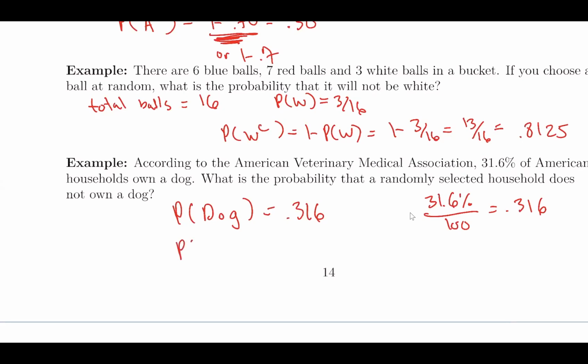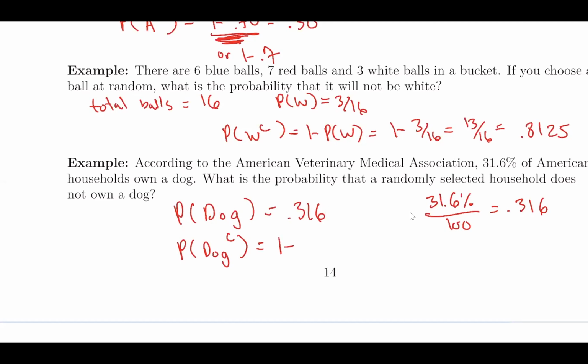We care about people who don't own a dog. So you want to find the complement. Remember, the complement is essentially any other pet, or that they own no pets at all. We just care that they don't own a dog. So we're going to do 1 minus 0.316.